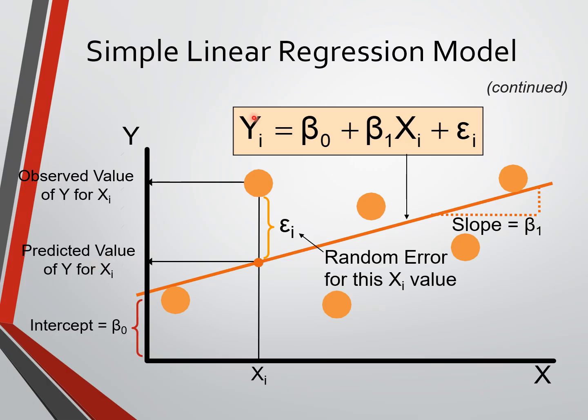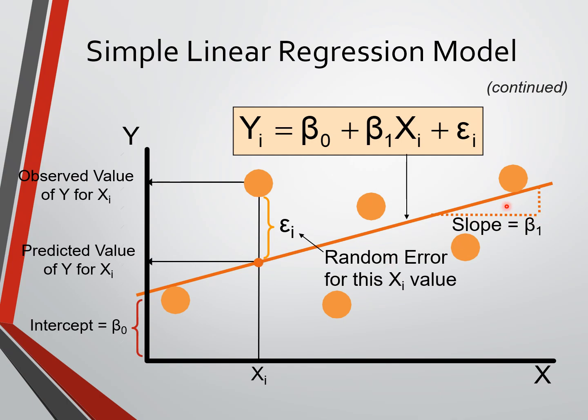Predicted value of y means that whatever values of b0, b1 you have worked out, you calculate the estimated value of y. That is known as y hat, or y cap. That is the predicted value of y, and this is the actual observed value. So the difference between the actual observed value and the predicted value is known as the random error term.